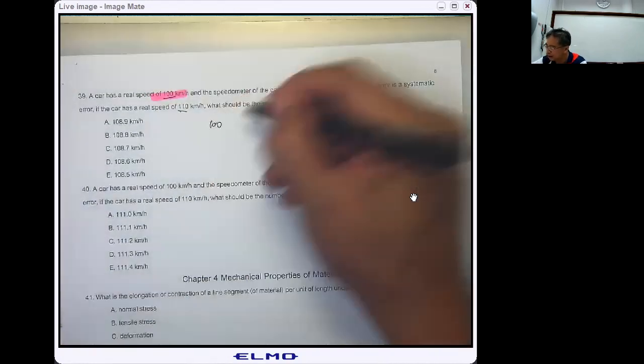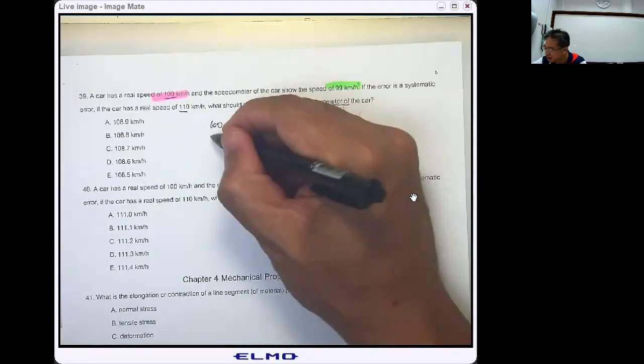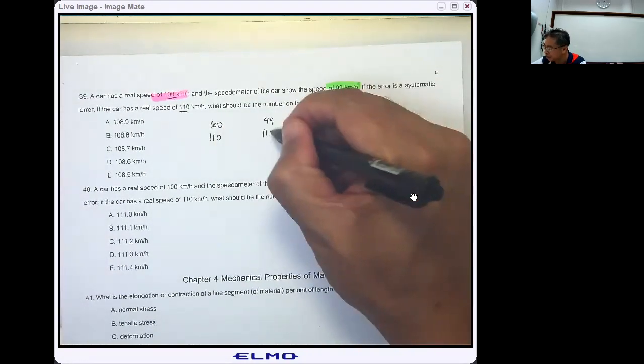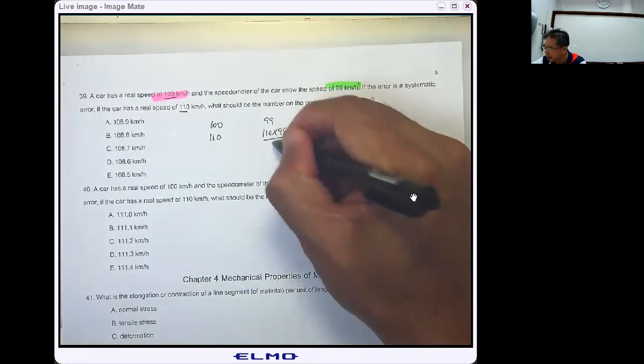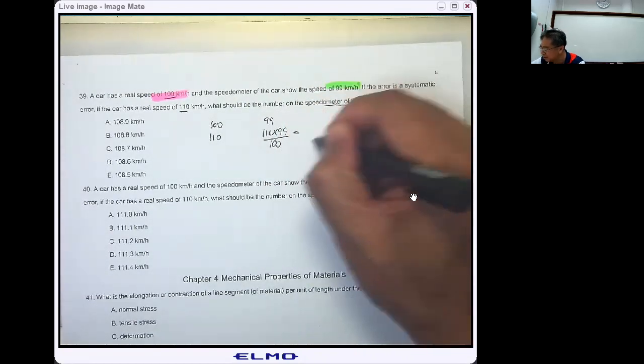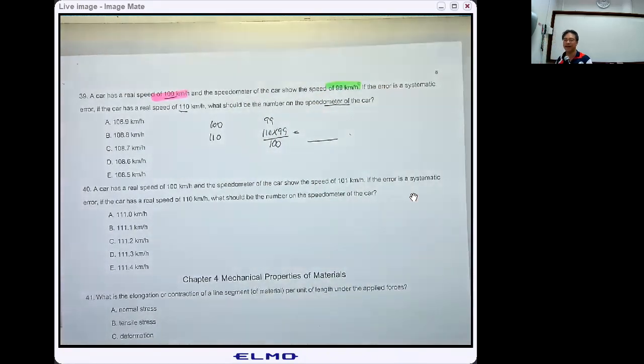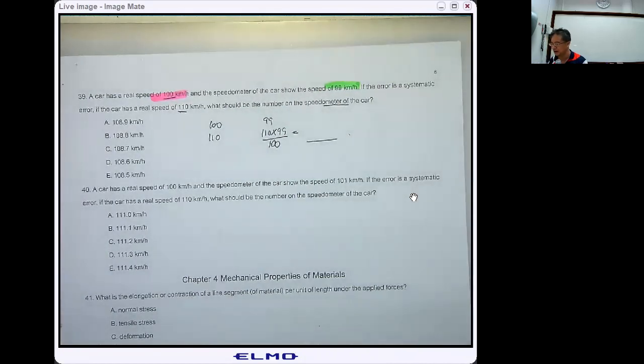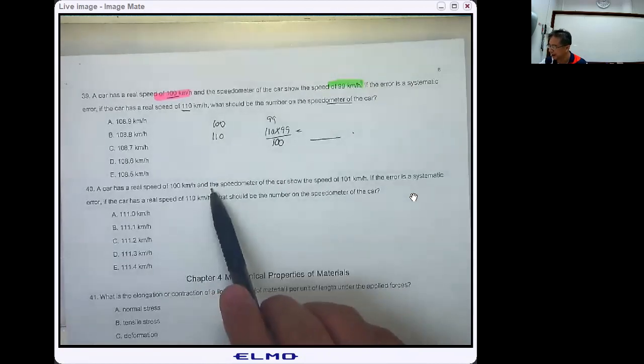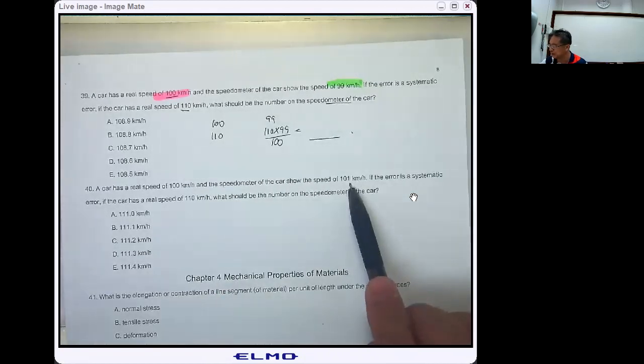Just 100 corresponds to 99. This is 110. Just 110 times 99 divided by 100. You get the answer of this. Okay, just do the proportion because this is a systematic error. A car has a real speed again of 100, and then the speedometer says 101.